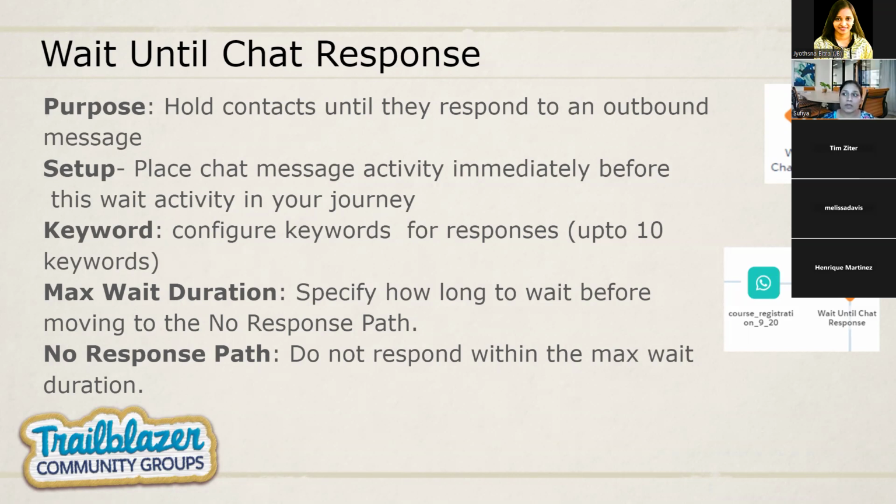So in this chat response activity, you basically have to configure keywords, and the max wait duration, where you specify how long you want the contact to wait in your journey. And if the contact is not responding with any of your configured keywords, then they take the no response path.